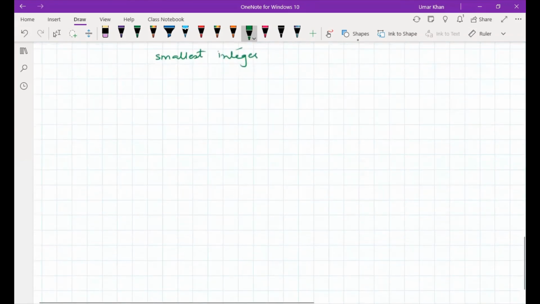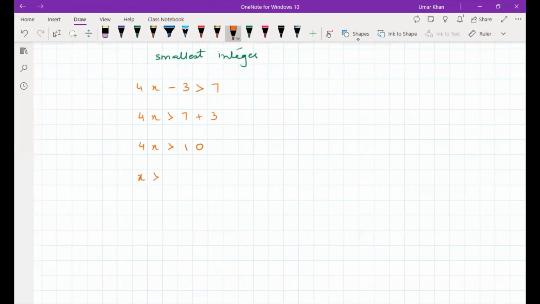Let's do this one, which is 4x minus 3 greater than 7. First, let's solve this. This will be 4x greater than 7 plus 3, which is 4x is greater than 10. So x is greater than 10 divided by 4, which will be 2.5.